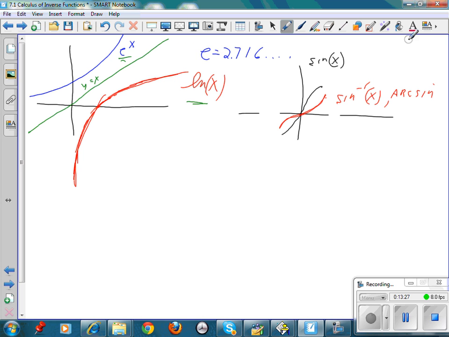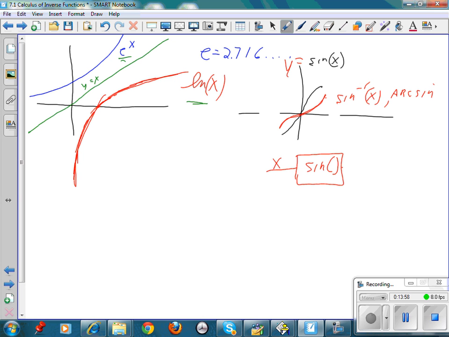Remember what a sine does though, right? When I say y is equal to the sine of x, if I put an x into a sine, x is thought to be an angle. You take the sine of that angle, which gives you the y dimension of the angle as it goes around the unit circle.